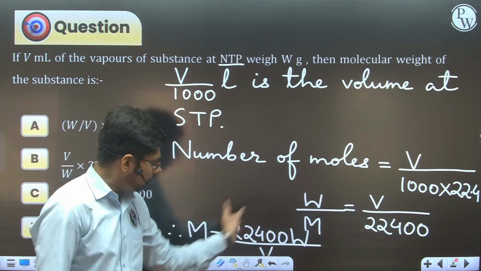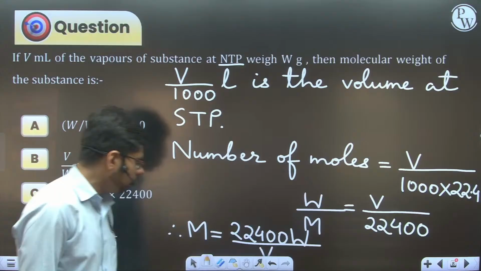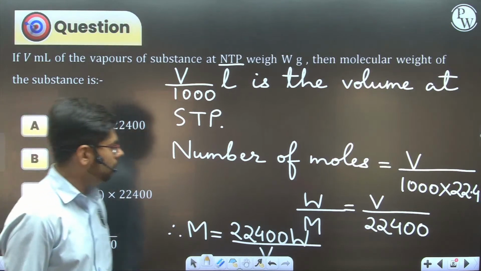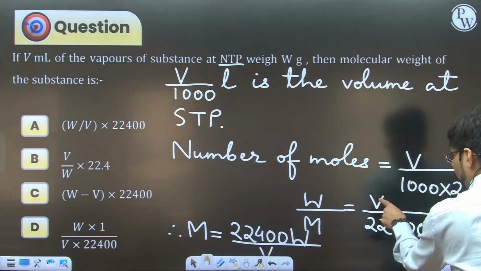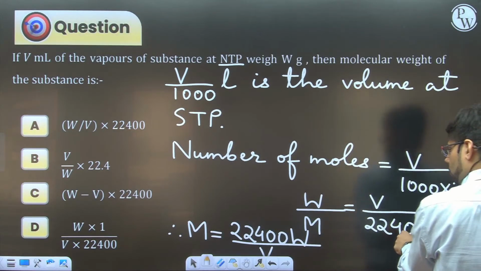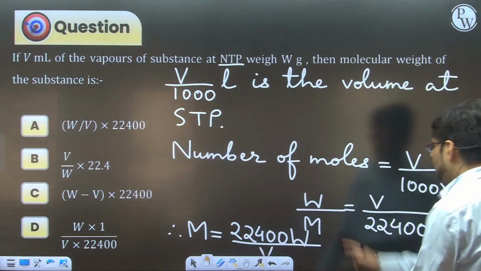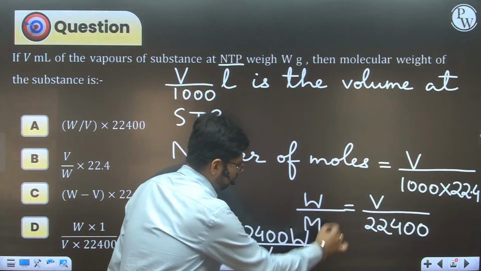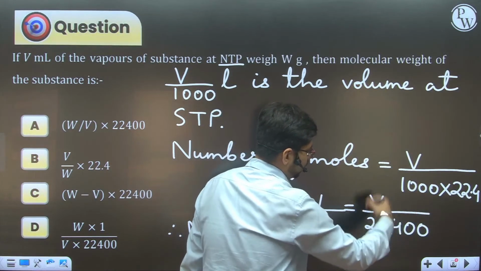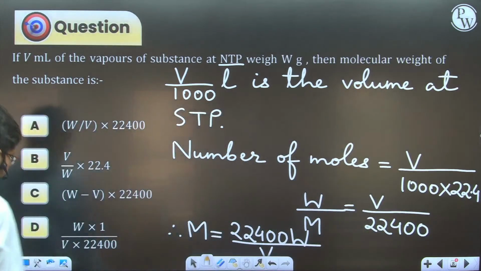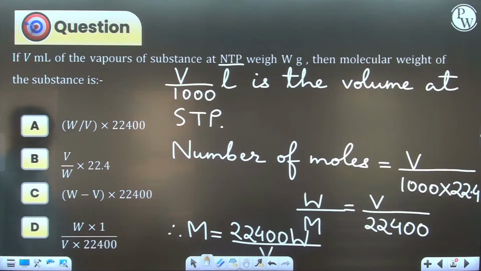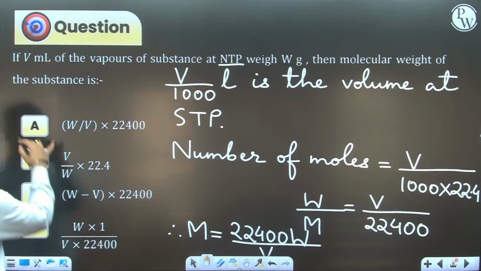So this is the value of molecular mass in u, 22400 W by V. How did I get this? I cross multiplied. M into V is equal to W into 22400. M is the molar mass. This is what grams by molar mass. This is what volume in liters at STP upon 22.4. So which is the option? If I look at this, it is the first one, W by V into 22400. Yes.